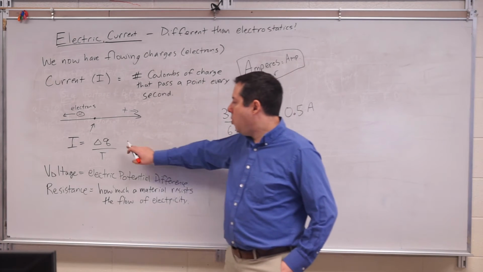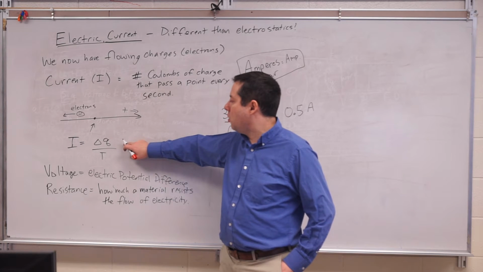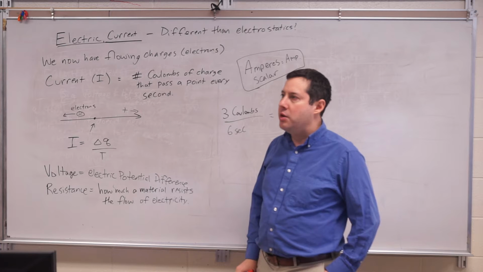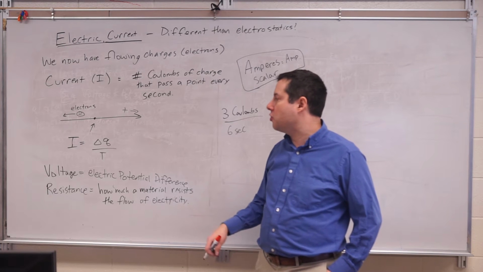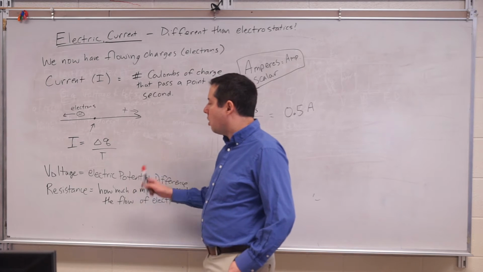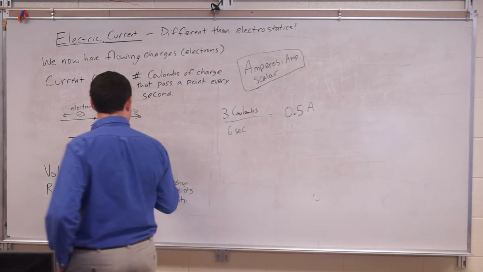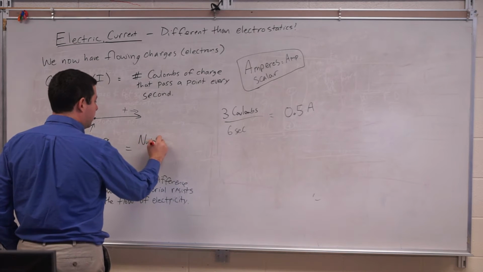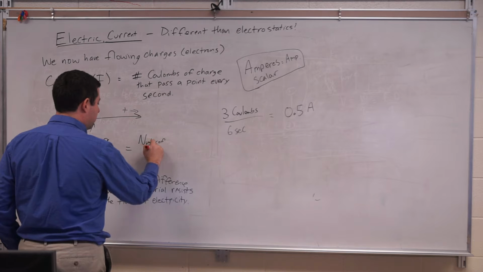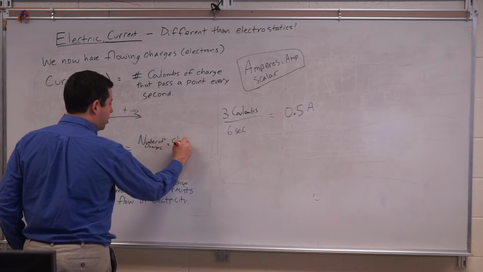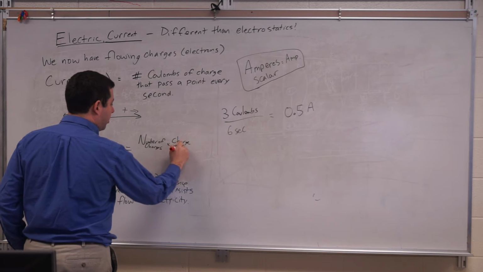Now, we know that the charge that passes is going to also depend on the number of particles that pass and the charge per particle. So if you remember, the total charge that passes can be defined also as the number of charges times the charge per particle.